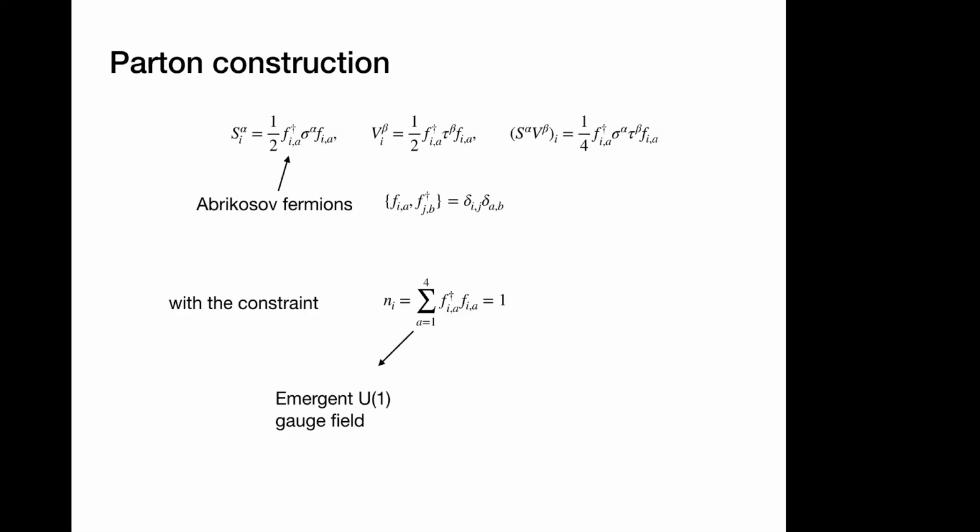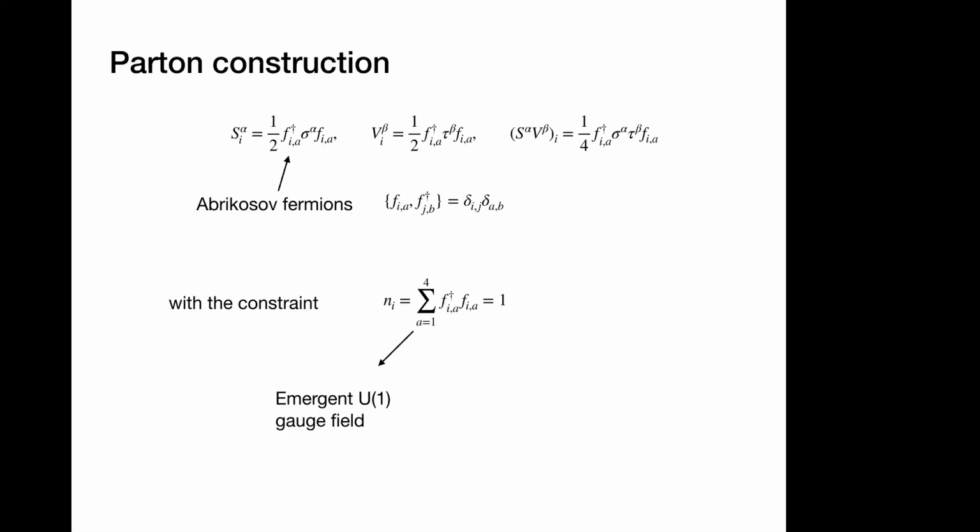Okay, so to understand this gapless liquid state, I need to introduce the Parton construction, and this is basically just rewriting my SU(4) spins in terms of some constrained fermions, which are called the Abrikosov fermions.